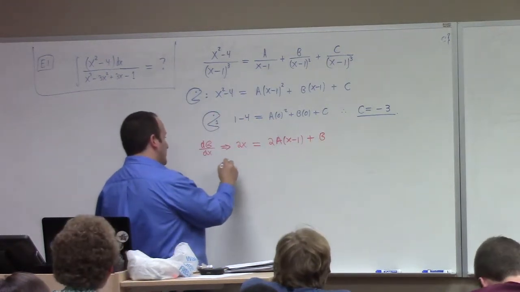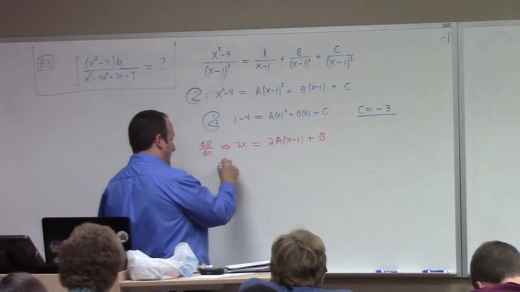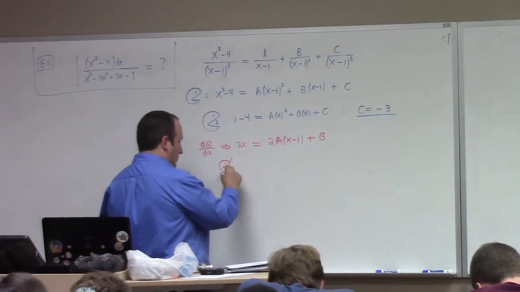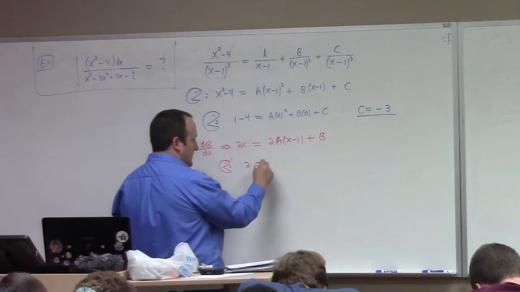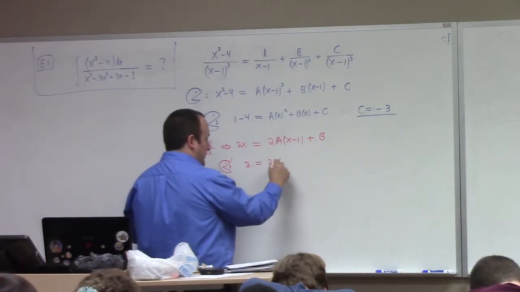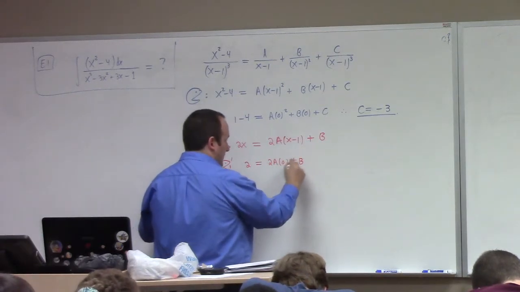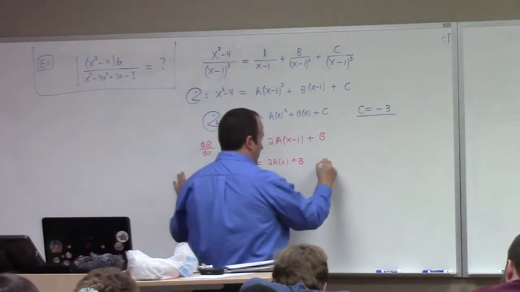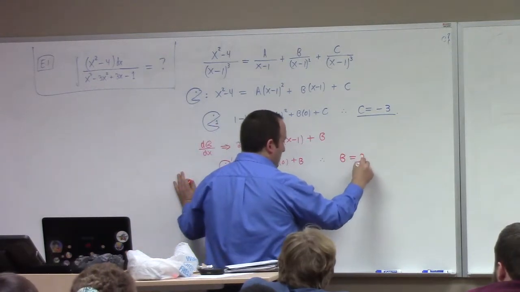And then you can feed Pac-Man prime 1. That gives you 2 is equal to 2A times 0 plus B. Therefore, B is 2.